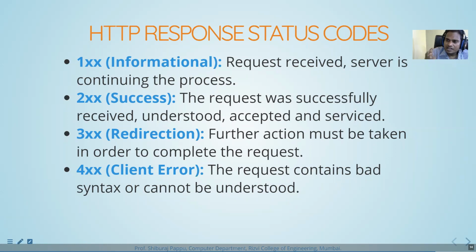It is possible that you have requested a file which is not there on the server. That means you don't know which page you want, so that is again a client error. It is possible that you are not authenticated to view that page, or you are trying to access a page which is not your page. So basically 400 error is for client side error.